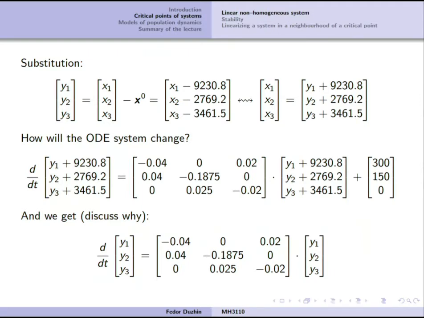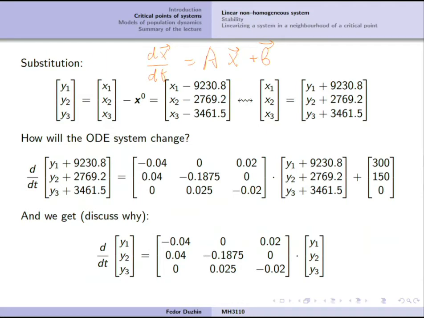So of course, it is going to be always like this if you have a nonhomogeneous system of the type dx/dt equals Ax plus b.